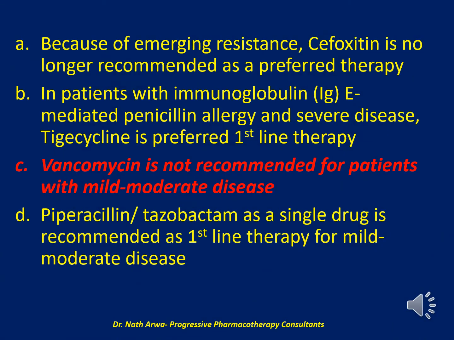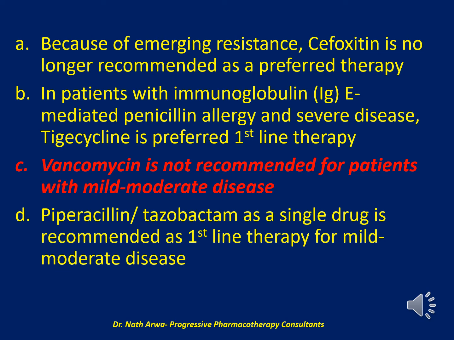And the correct answer is C. Vancomycin is not recommended for patients with mild to moderate disease. Answer D is incorrect because antipseudomonal therapy is not recommended in patients with mild to moderate disease presenting with community-onset infection. Answer B is incorrect because tigecycline is not a preferred therapy for patients with severe disease.